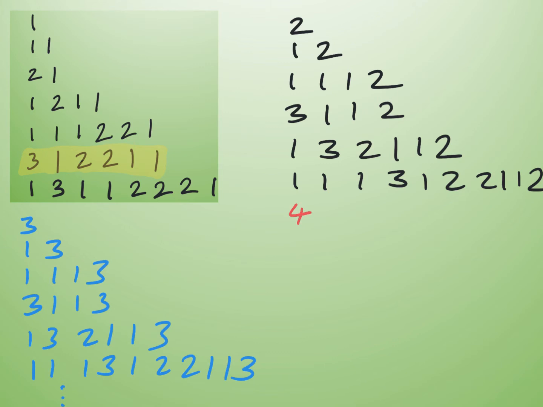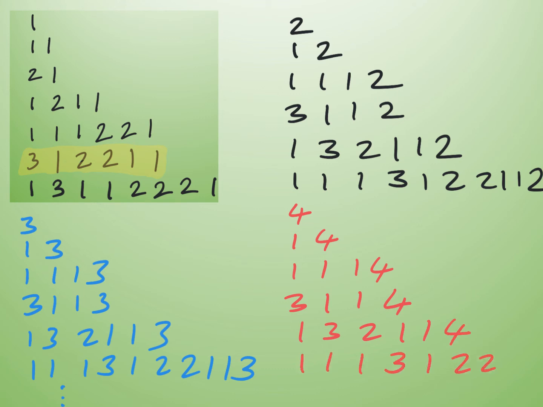So we'd have 4, 1, 4, 1, 1, 1, 4, 3, 1, 1, 4, 1, 3, 2, 1, 1, 4, 1, 1, 1, 3, 1, 2, 2, 1, 1, 4, etc.